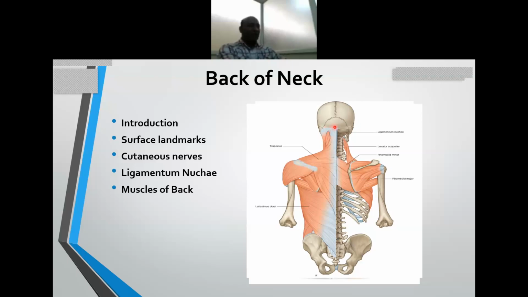Okay, and this lateral attachment is aponeurotic or tendinous in nature, and the rest of the attachment is from the spinous processes and the interspinous ligaments or the supraspinous ligaments present between the spinous processes of the vertebral column, okay, cervical and thoracic vertebrae.